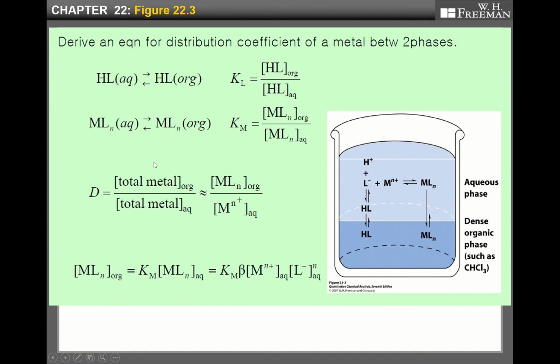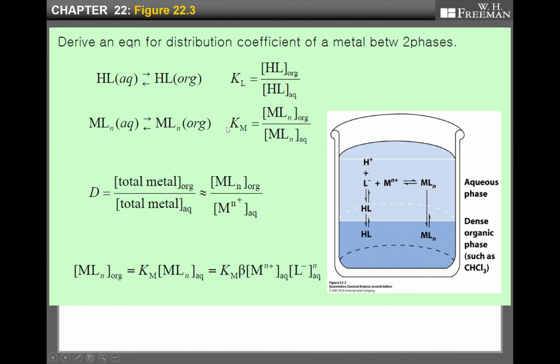Another equilibrium is this one, MLn. This is also distributed between the two phases, because they are all neutral species.